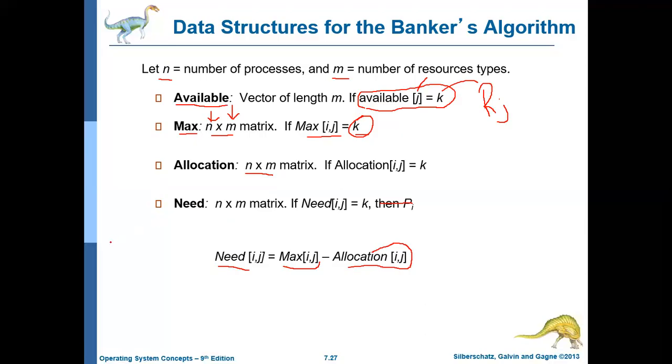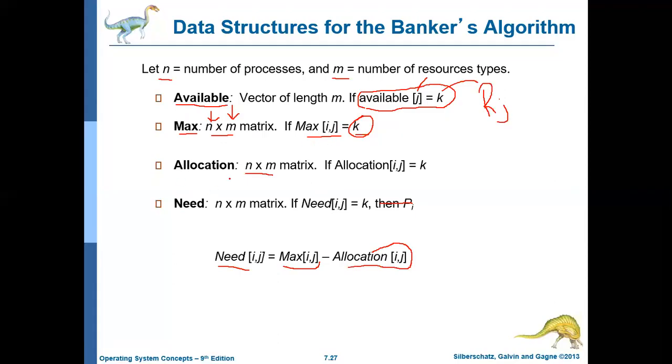So basically there is one vector and 3 matrices. The vector is available, which represents how many instances of each resource are currently available with the operating system. And 3 matrices: max, allocation and need. Max represents how many instances of each resource type each process will require.